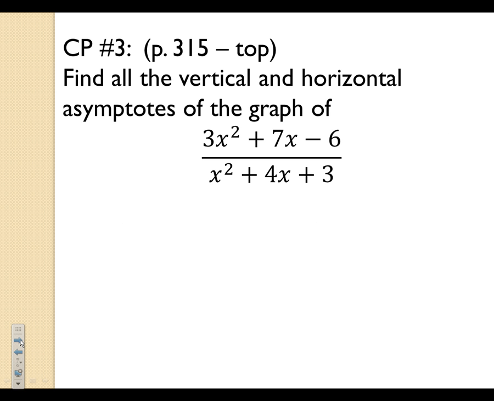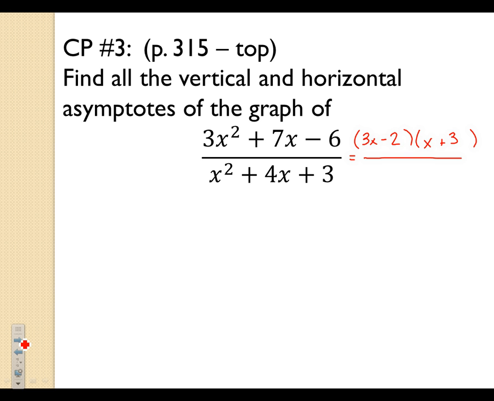Checkpoint number 3: find all the vertical and horizontal asymptotes of this graph. Now this one is one that we're definitely going to want to check. Notice that the numerator function is a polynomial and the denominator function is also. So let's try factoring both of these. The top one ends up being 3x and x, and then also a -2 here and a +3 here.